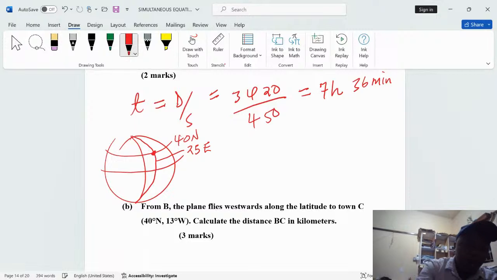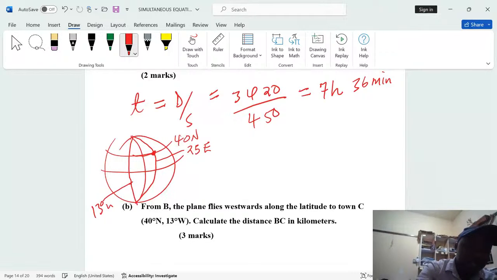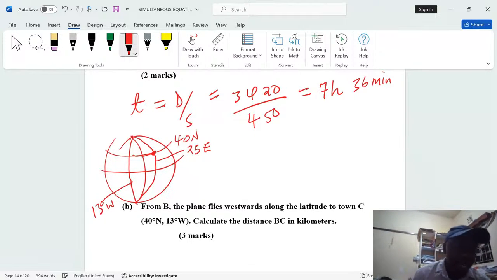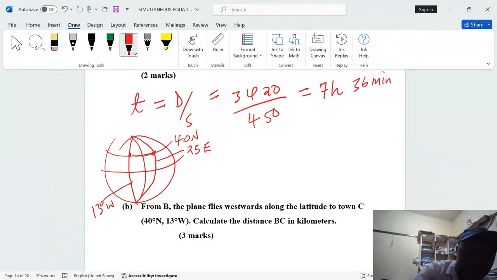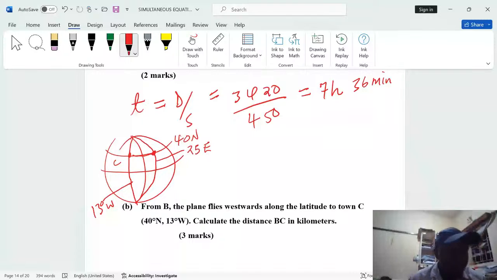Now we are moving along the parallel to the west up to 13 degrees in the west. That means there is an angle difference covered here from B to C. B is 25 in the east, C is 13 in the west. Therefore, the angle difference there is going to be 13 plus 25, giving us 38.